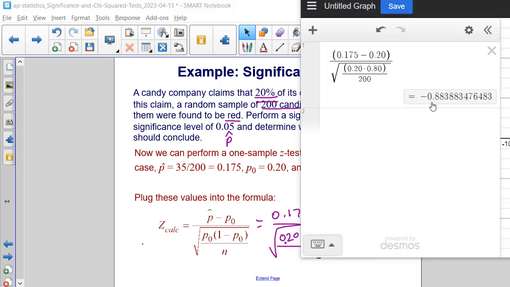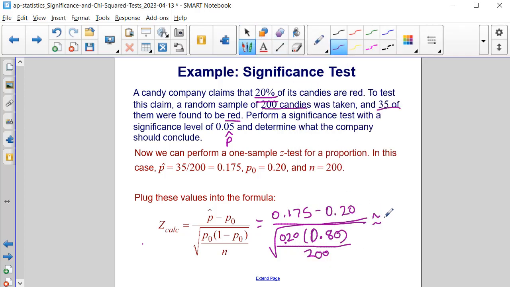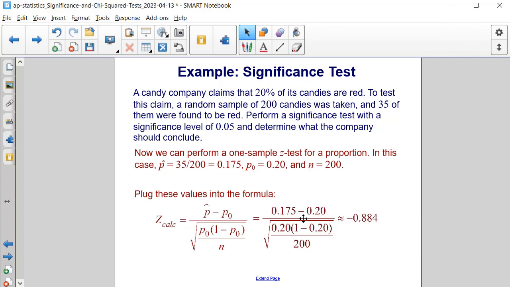And if we evaluate this in a calculator, we end up getting about negative 884 thousandths. And the work shown on this slide verifies that we did indeed get the correct answer.